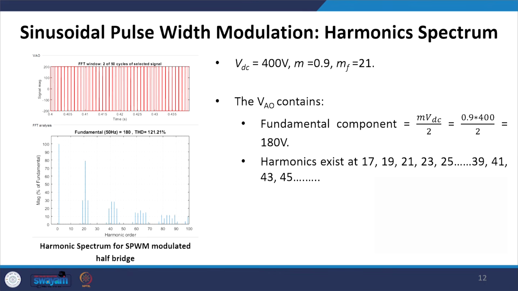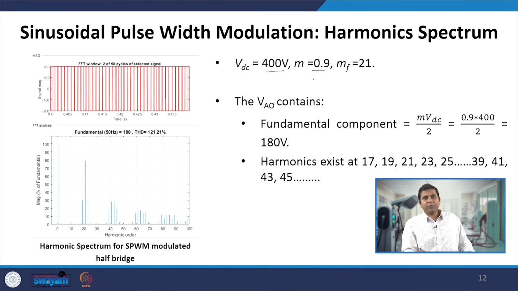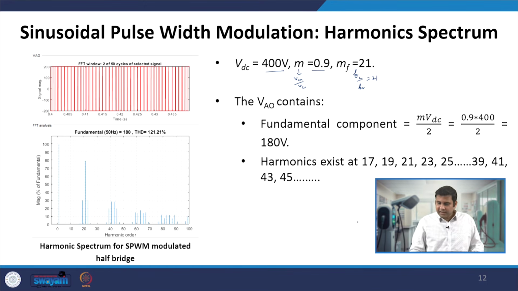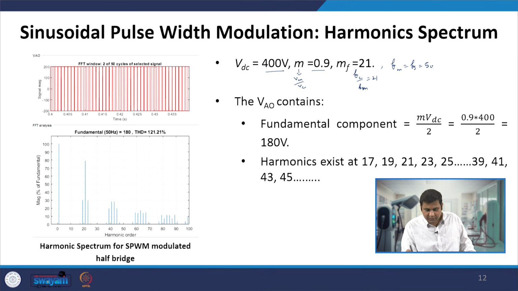So let us take an example where we have taken VDC equal to 400 volt, modulation index 0.9, where modulation index is nothing but Vm by Vc, and our MF, which is Fc by Fm, equal to 21, and we again take our Fm to be equal to 50 hertz.